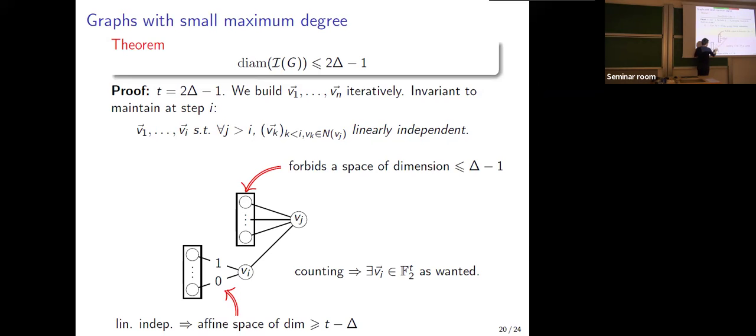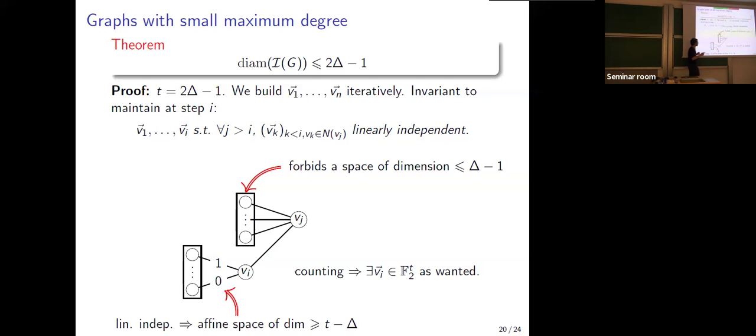So the first constraint is this, so you need to realize these labels. But this gives a family of linearly independent vectors by the invariant. So you have a family of at most delta linearly independent constraints to satisfy. So the solution is an affine space of dimension t, the dimension of the full space minus delta.